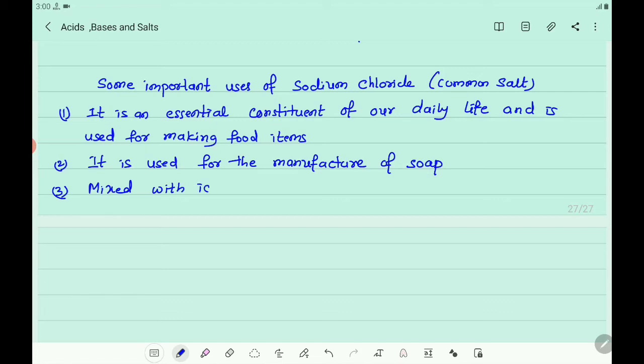Mixed with ice, it is used as a freezing mixture.